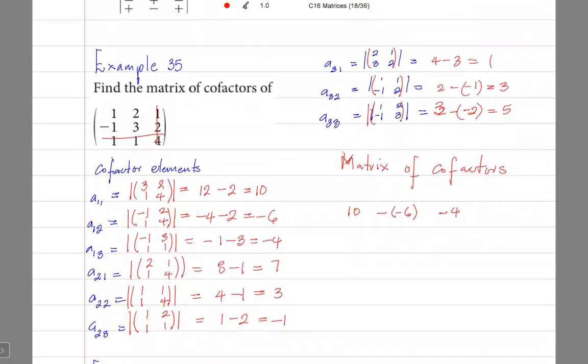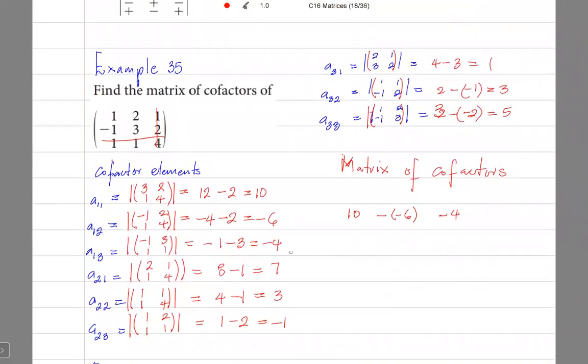So second row: negative 7, positive 3, minus 1. Third row, positive, negative, positive. So it's positive 1, negative 3, positive 5.